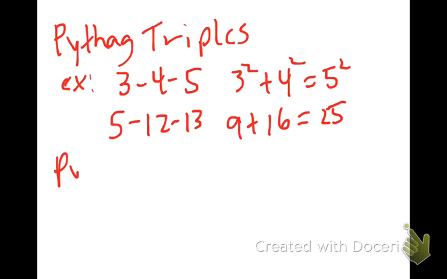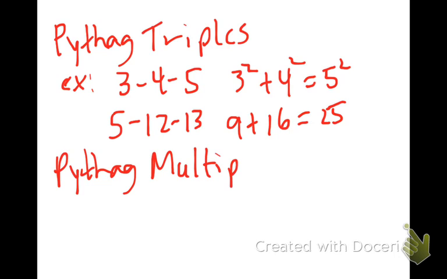A Pythagorean multiple is a multiple of the Pythagorean triple, and they also work.